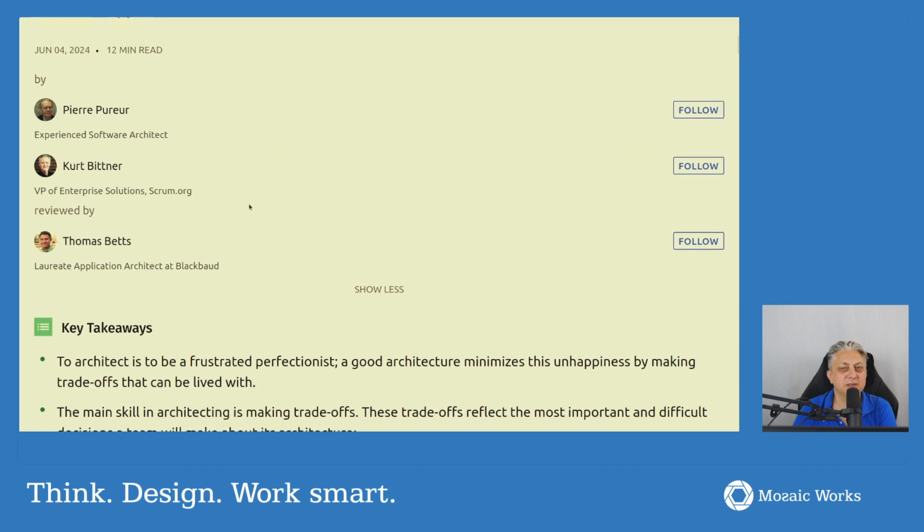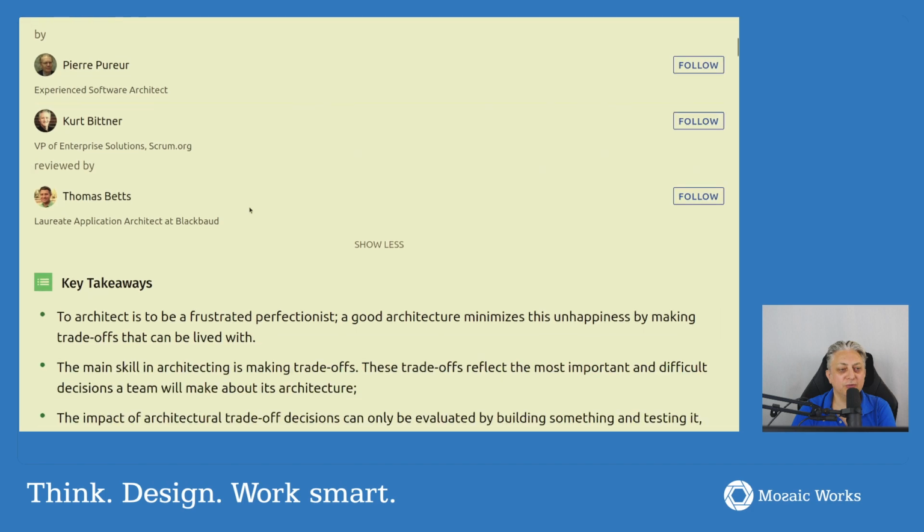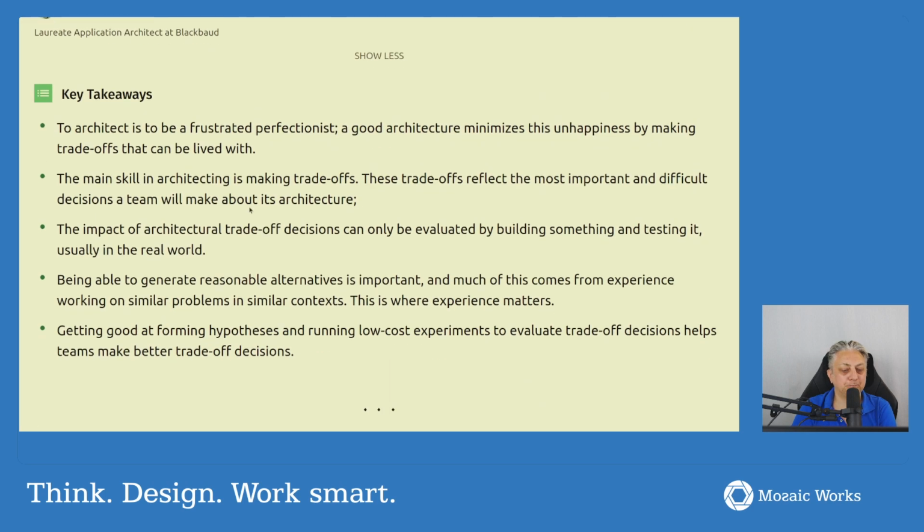And we've heard these names before. I did some review of other articles on software architecture on InfoQ, and typically they are pretty good. So I'm interested in seeing where this is going.